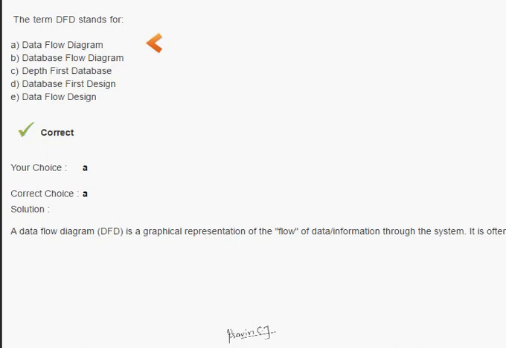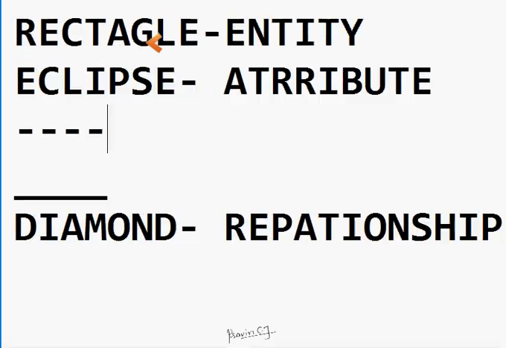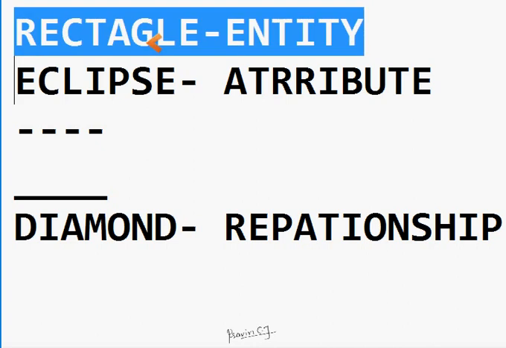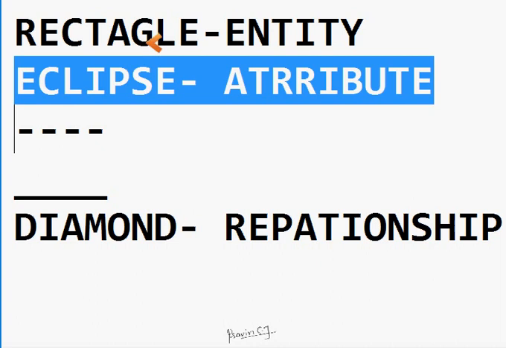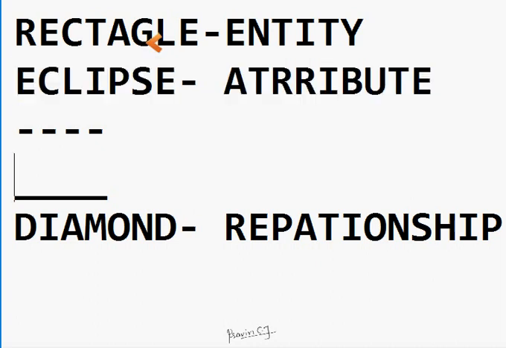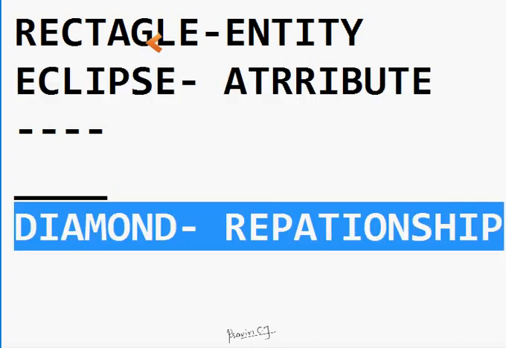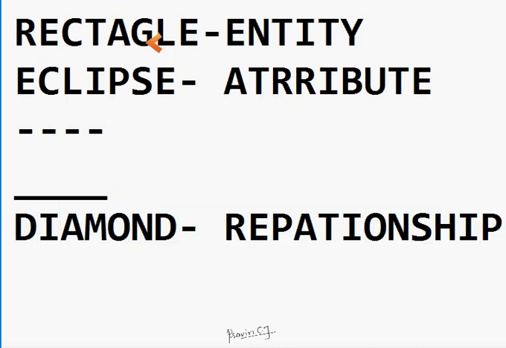If we talk about the ER diagram, remember that a rectangle represents an entity, an ellipse represents an attribute, and most importantly a diamond represents a relationship.